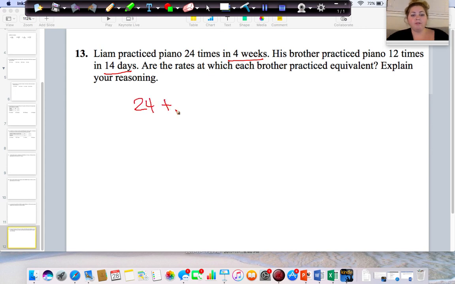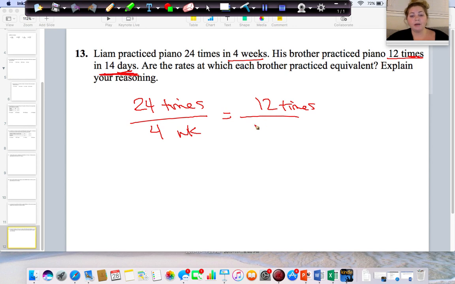So I'm going to put 24 times in 4 weeks. And it says this other brother practiced 12 times in 14 days. 14 days is 2 weeks. There's 7 days in 1 week. So 14 days, there is 2 weeks, okay?